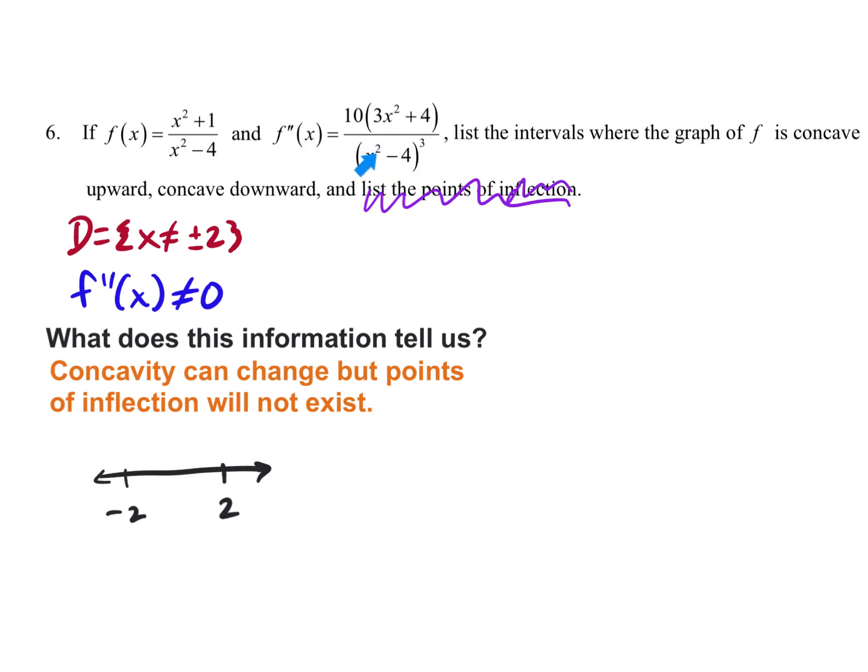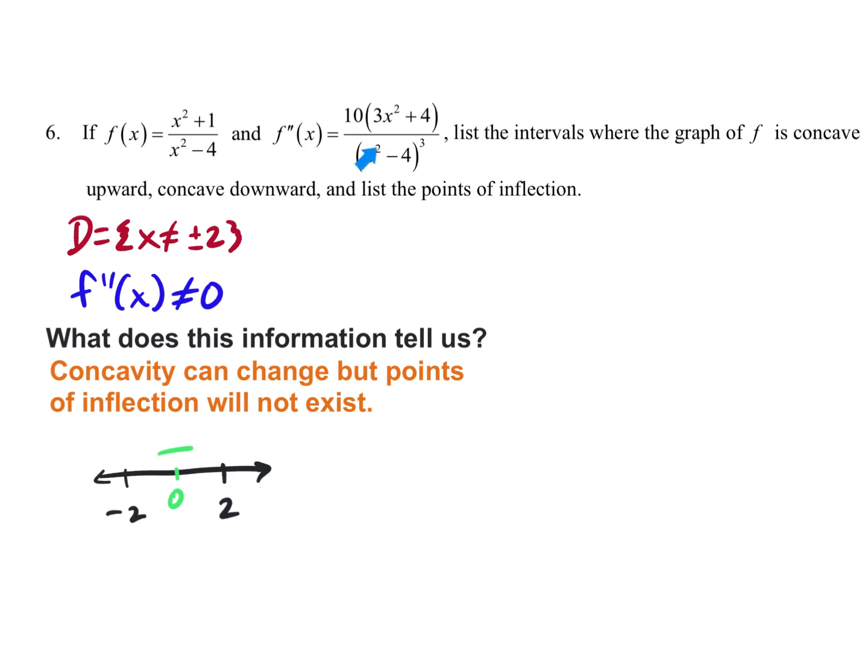If this value is greater than 4, then this ends up being positive, which means the whole thing is positive. So if I test 0, that ends up being negative.